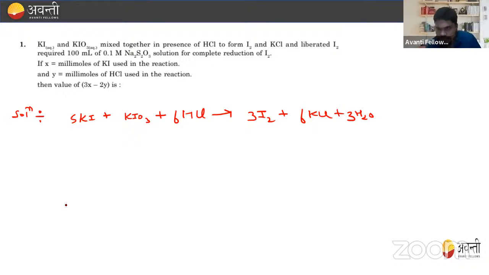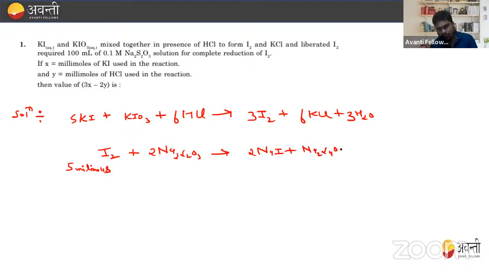Now, this I2, millimoles of I2 is given as 5 millimoles. 5 millimoles of this I2 reacts with 2 Na2S2O3 to give 2 NaI plus Na2S4O6.